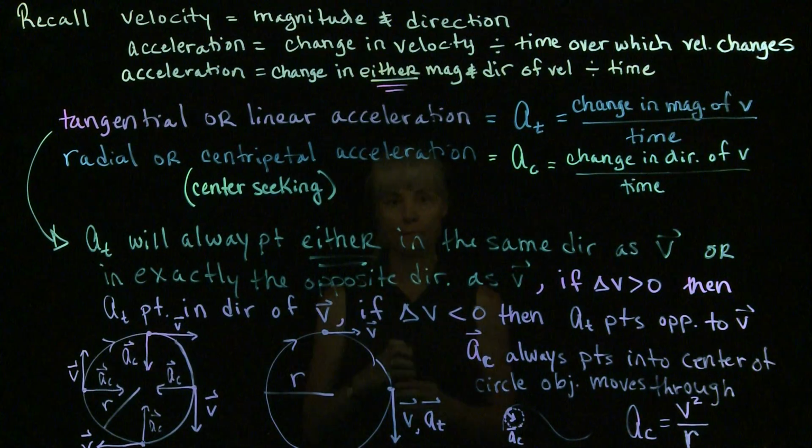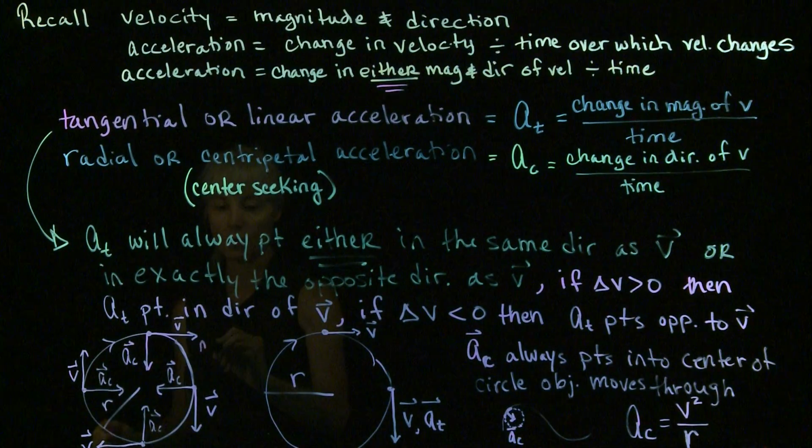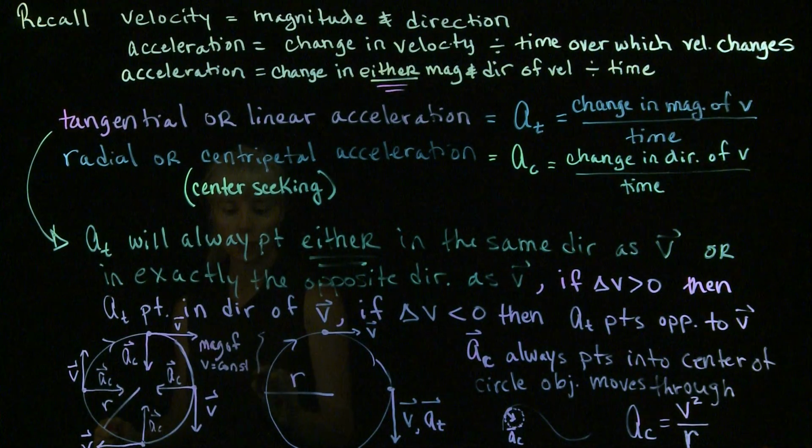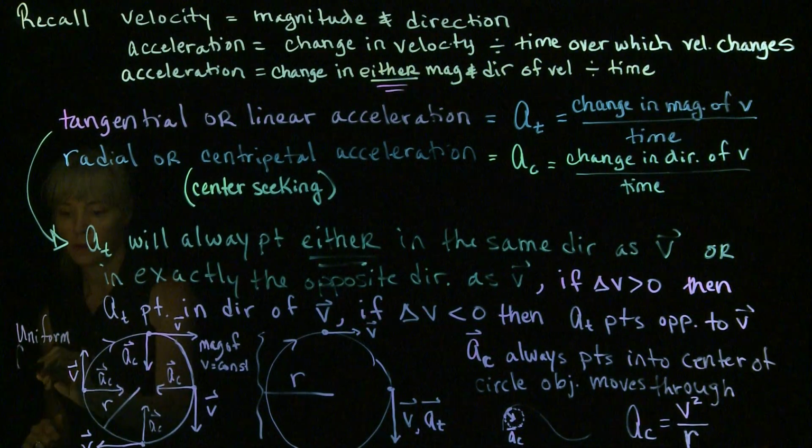So this type of motion we're going to be referring to where the magnitude part of the velocity remains constant, so magnitude of v equals a constant for this circle, we're going to say that this is called or referred to as uniform circular motion.